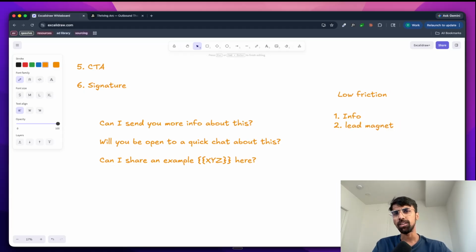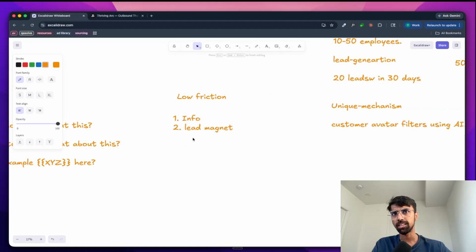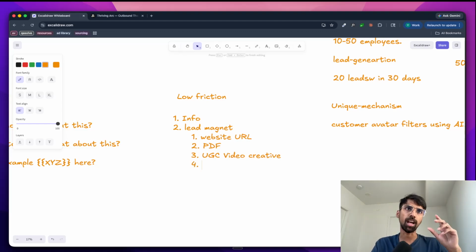I hope people here know what a lead magnet is, but a lead magnet is essentially a website URL showcasing some work that you've done before, or a PDF, or, like I said, a UGC video creative, and so on and so forth. Depending on your industry, you can have any kind of deliverable that conveys it. It can be a Loom video as well, that also works. So it could be a different deliverable according to that industry.